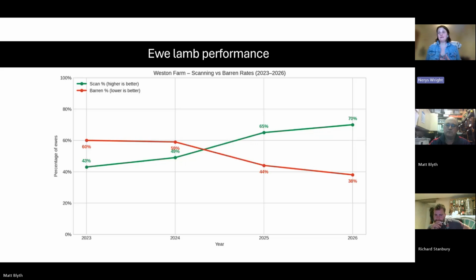So we've highlighted that yes, we need to look at them going into their second lambing, but we wanted to talk about this as a really positive start to that young flock. I looked after them really well, I'd say.